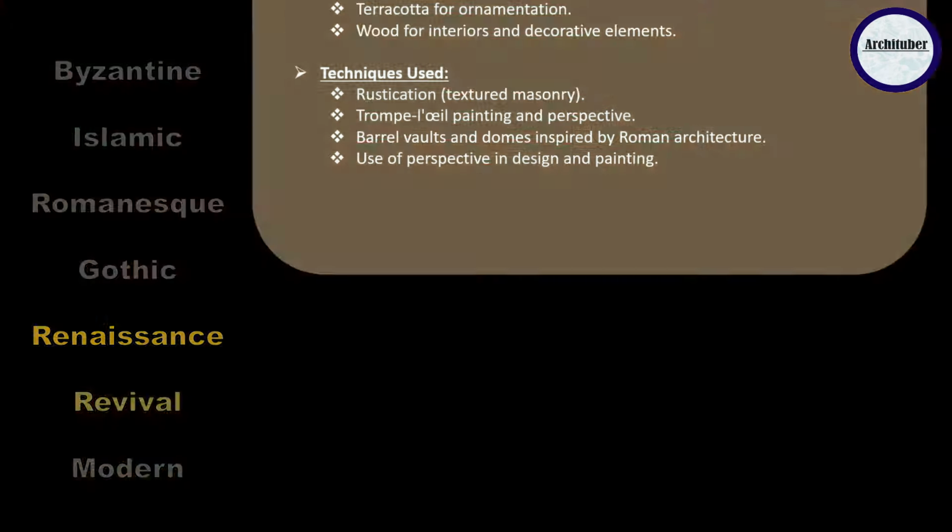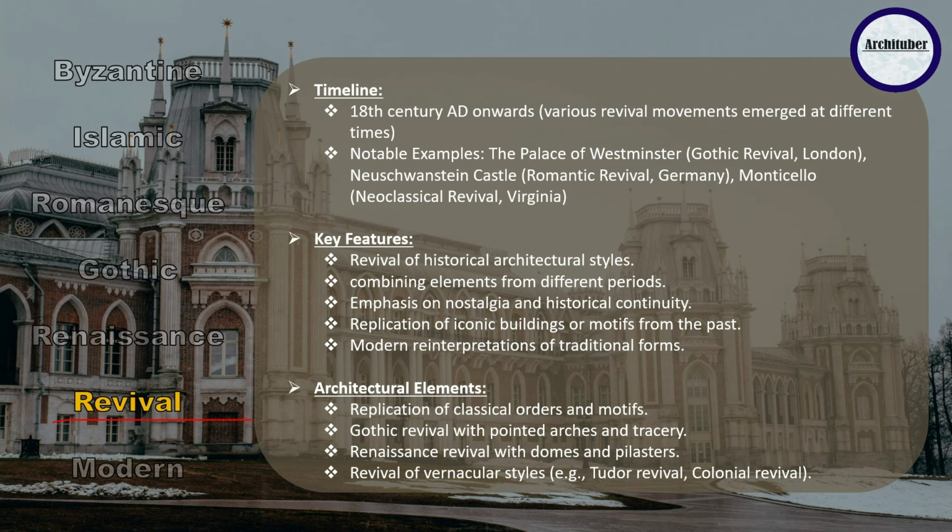Now discussing the revival period, which started from the 18th century AD and onwards. These are some of the examples, and discussing the key features: revival of historical architectural styles. That means they used all the different styles or timeline architectural elements in this period with different materials.